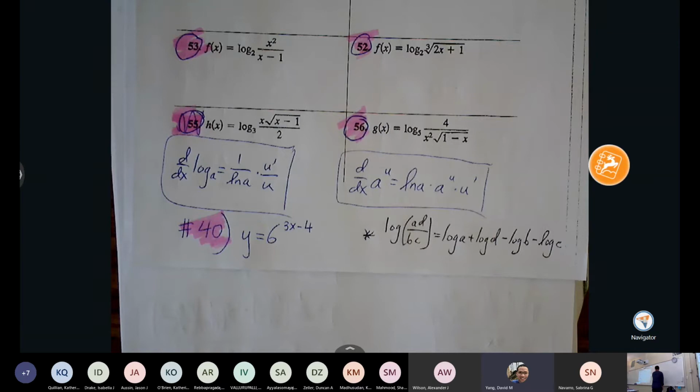And obviously you're going to adjust it with the log instead of the natural log. Guys, I only wrote down the property for natural log, but if it's logs of other bases, you need to adjust.